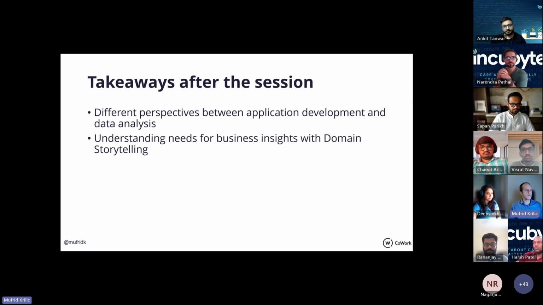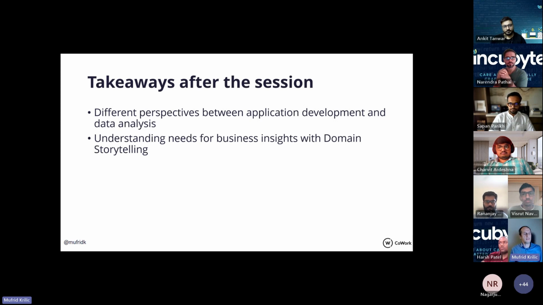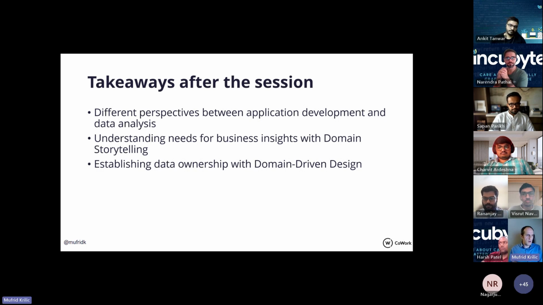We are getting very close to the business needs and business insights, and I will show you rather concretely how to understand the business needs with this specific methodology called domain storytelling. And we'll have a look at data ownership and how it plays with domain-driven design in order to reduce this gap between application development and data analysis.